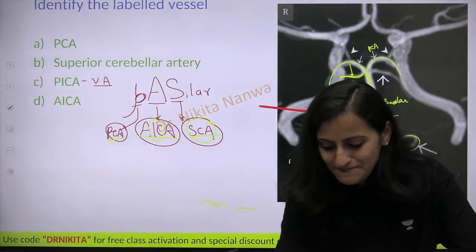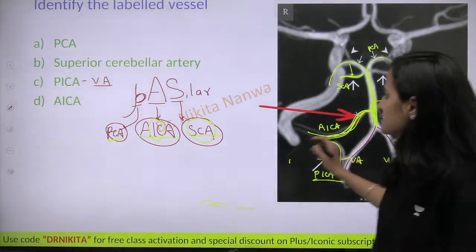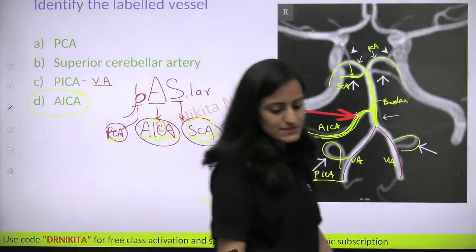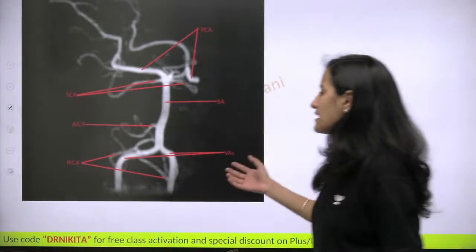Clear with everyone? Okay. So let's see the next image. Identify the labeled vessel. The labeled vessel here is AICA. Have a look at this image of MR angiogram again.